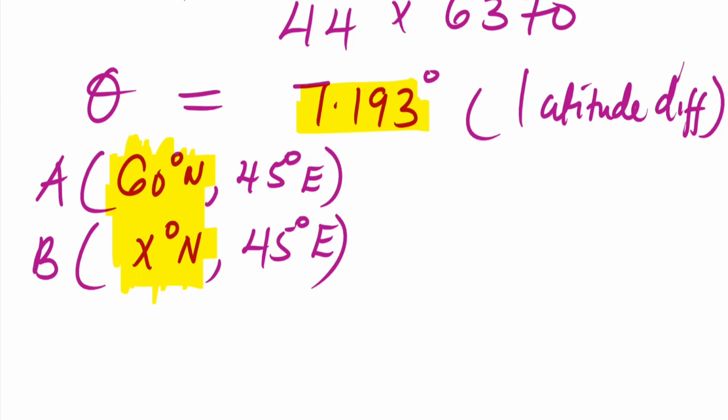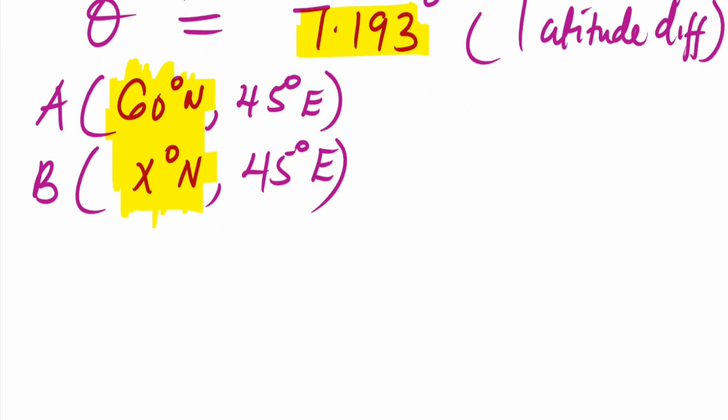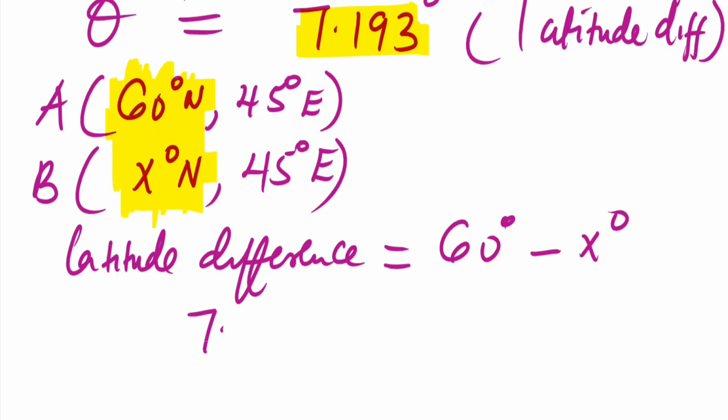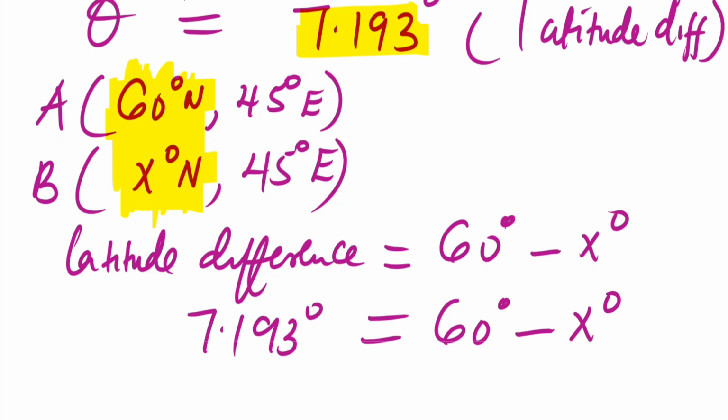So to get the latitude difference, it is given by 60 degrees minus x degrees. The latitude difference 7.193 is equal to 60 degrees minus x degrees.